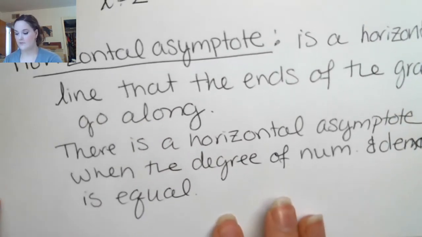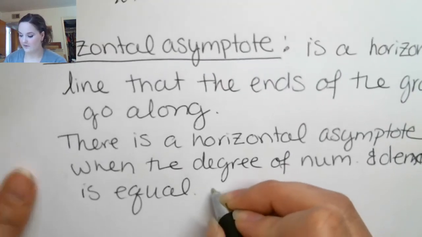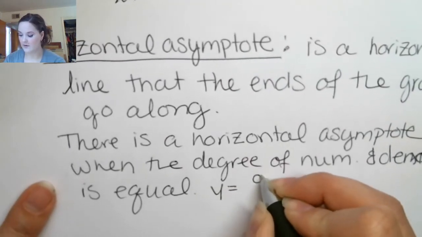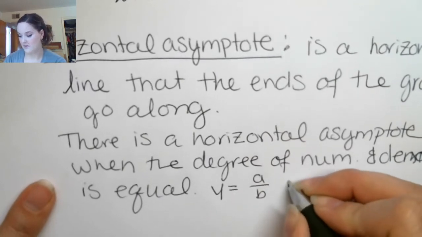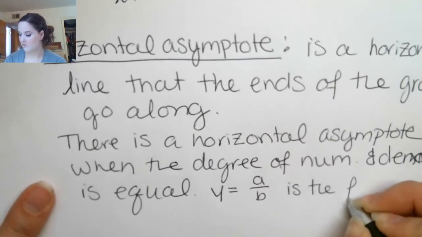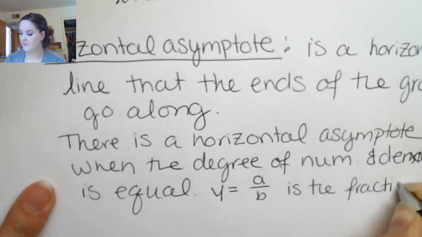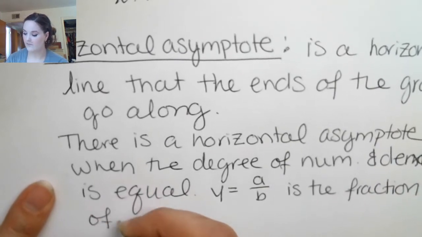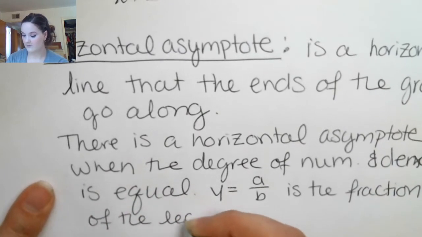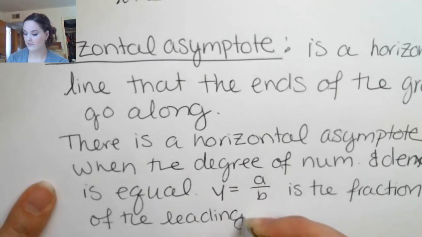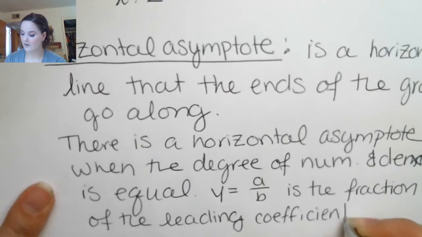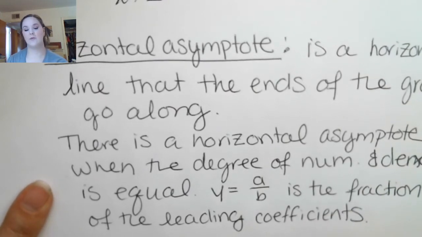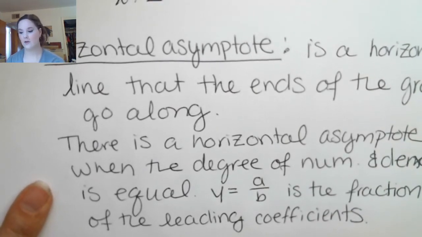So how you actually find it, okay, is by looking at a fraction of the leading coefficients. Okay, so let's do one example.